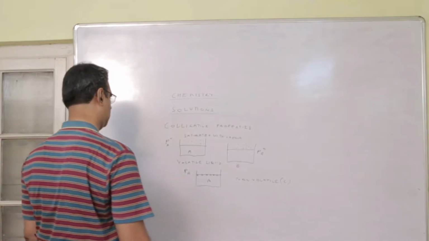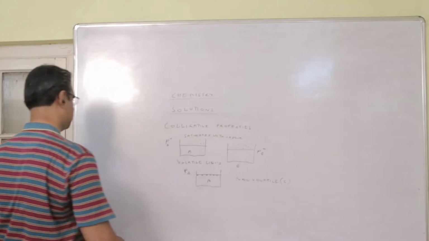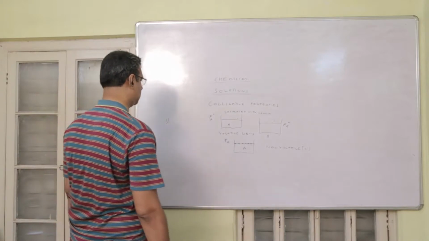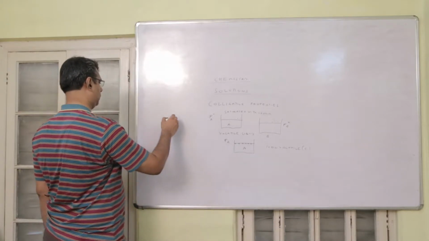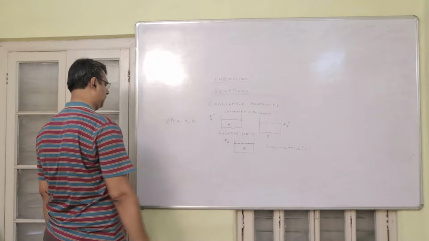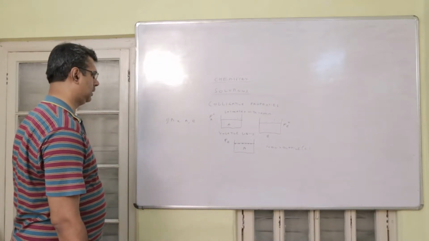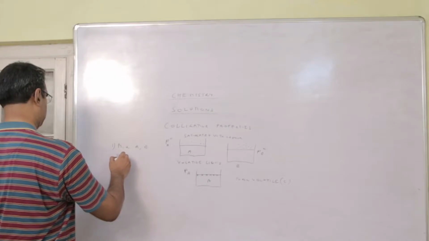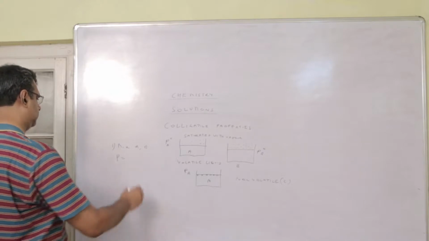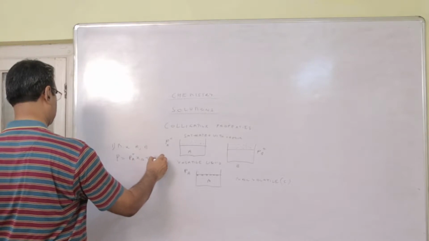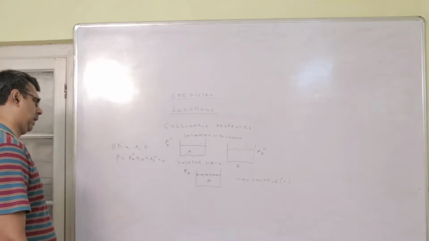So there are two laws. The first law states that if you mix A and B, in that case the pressure of the vapor will be equal to PA naught into XA plus PB naught into XB.